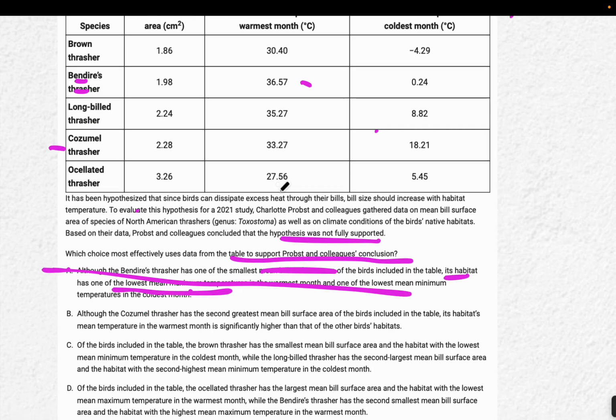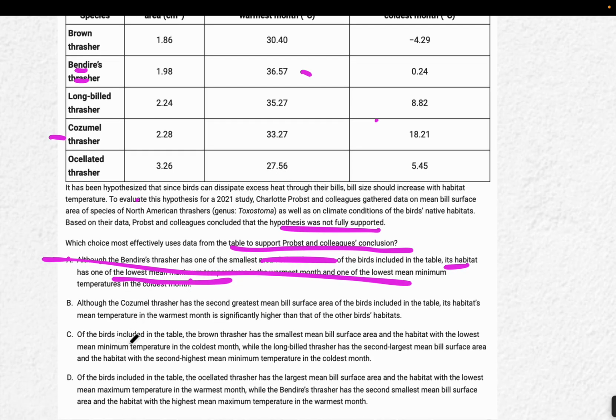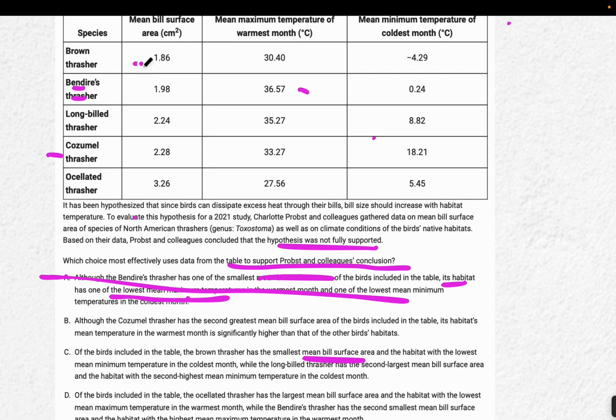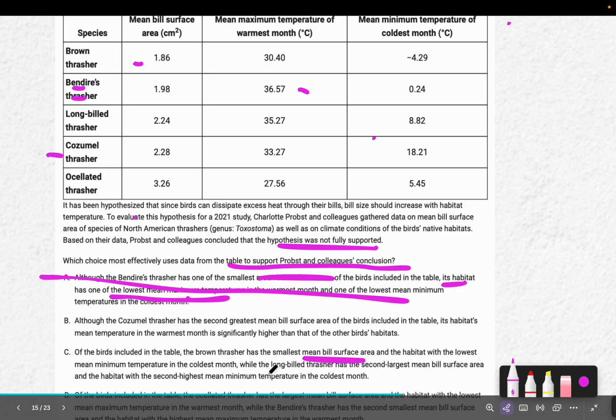Choice C: Of birds included in the table, the brown thrasher has the smallest mean bill surface. Brown thrasher, yep, smallest mean surface, but it states that the long-billed thrasher is the second largest.